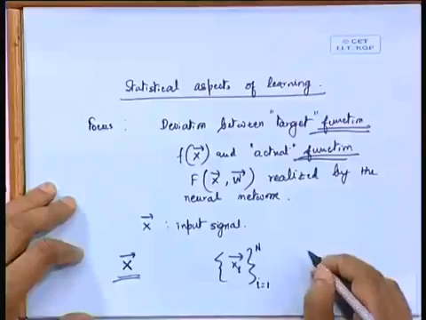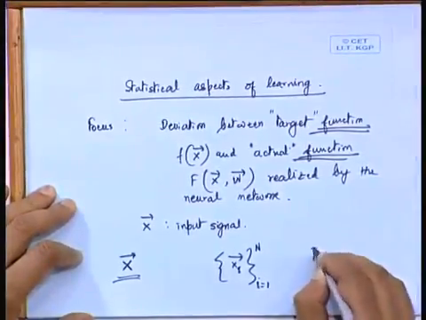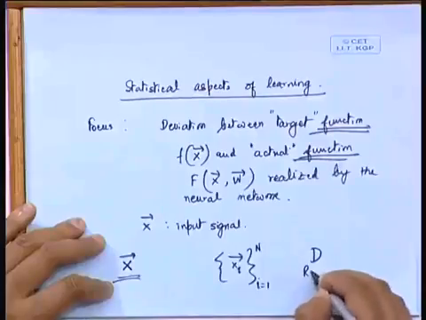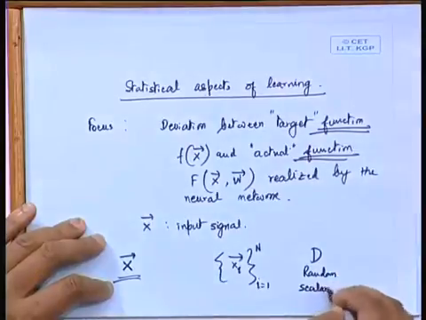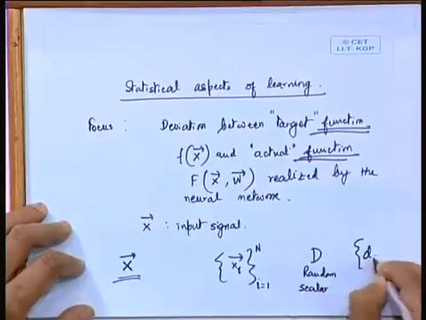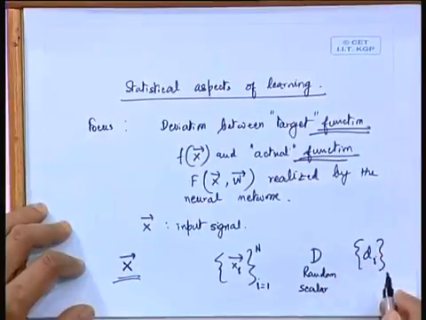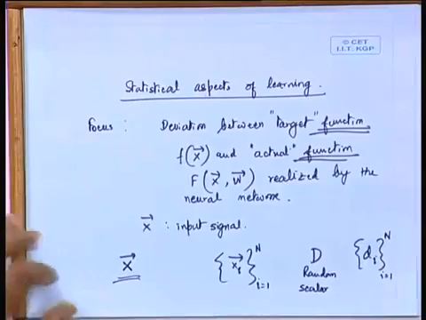And we also define a random scalar, if we assume the output to be a scalar. So, D is nothing but a random scalar quantity, and we define it as the set of di, where di is the ith instance of that scalar, i equal to 1 to n.